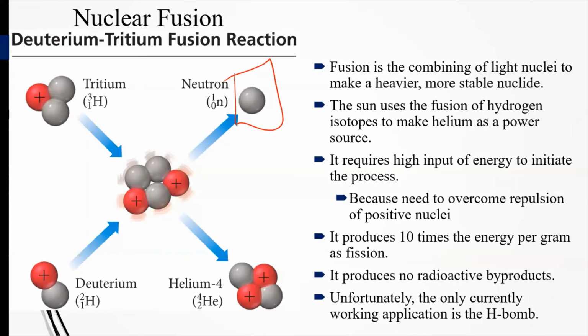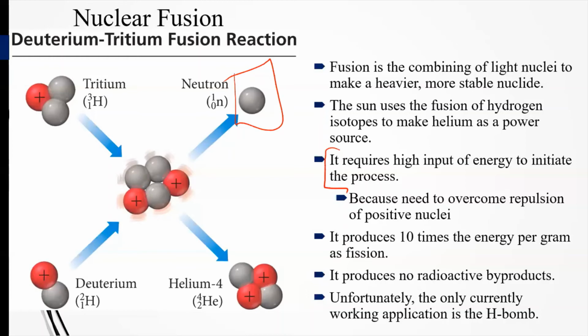Now, the thing about fusion is it requires a high input of energy to initiate the process. That's because in order for us to fuse those nuclei, we have to overcome the repulsion between the positive forces, right? So that's a lot for us to overcome.